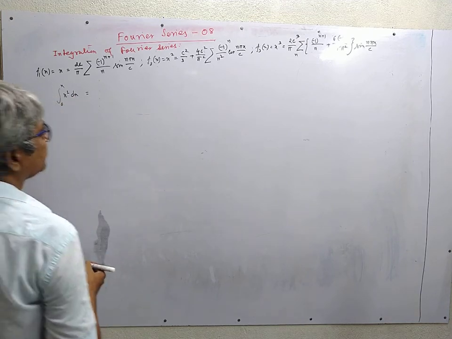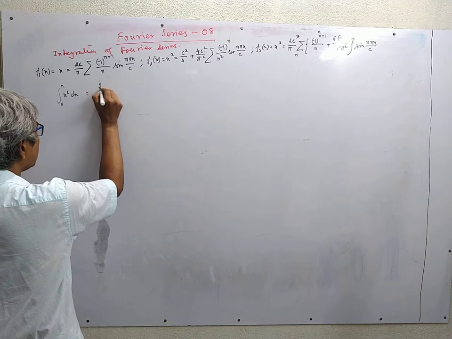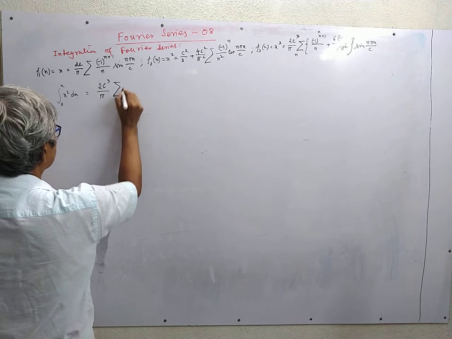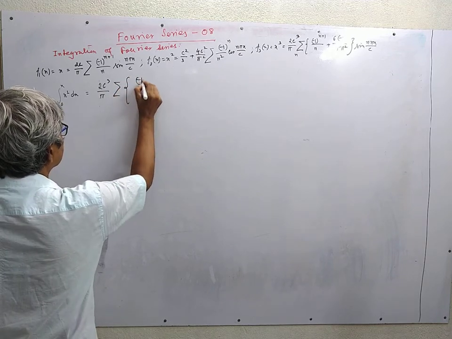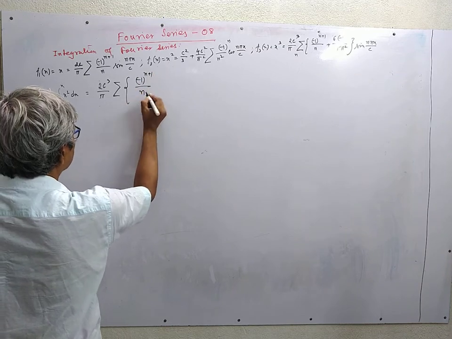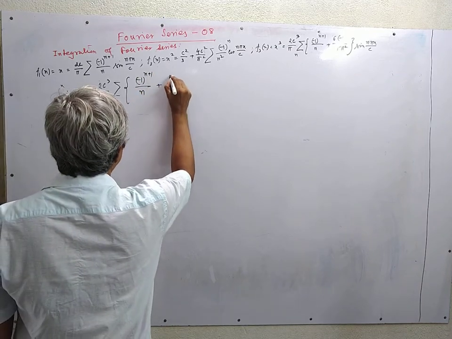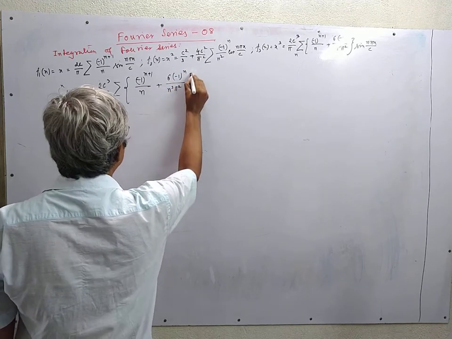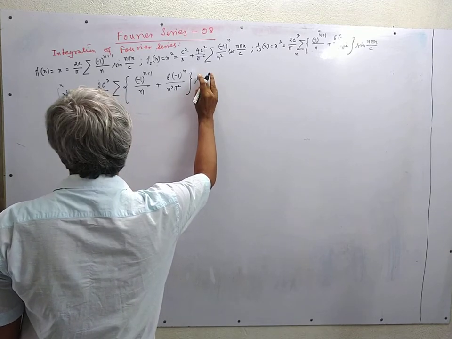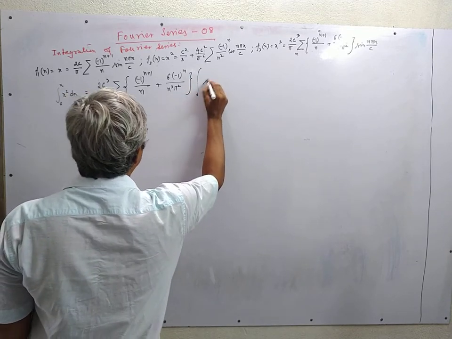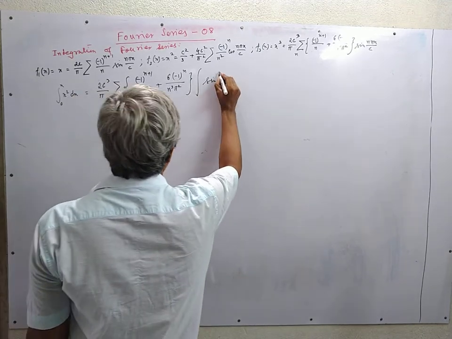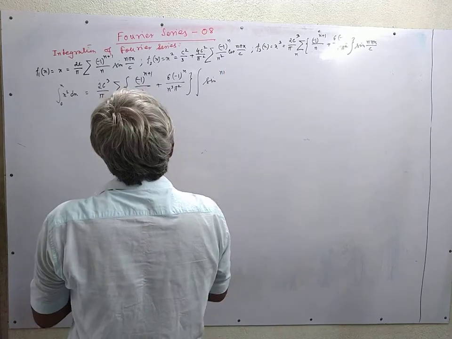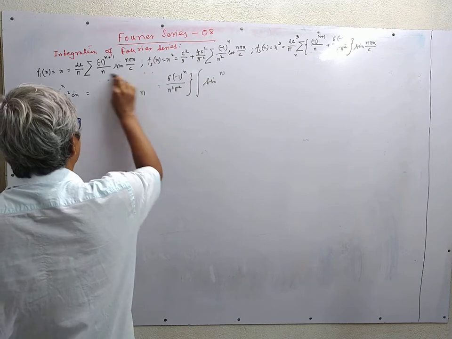On the right hand side we have 2c cube by pi summation over n of minus 1 to the power n plus 1 by n, plus 6 minus 1 to the power n by n cube pi square, and then we will have integration of sine of n. I am integrating F2. We should write the expression for F2.